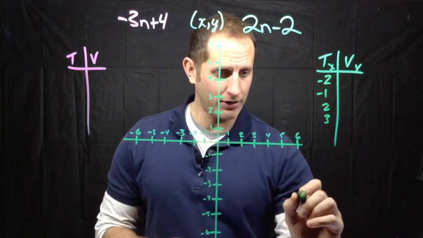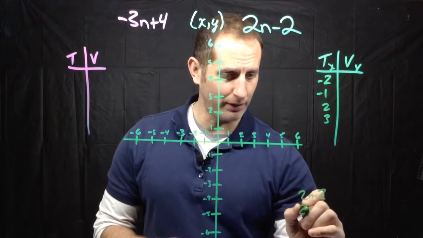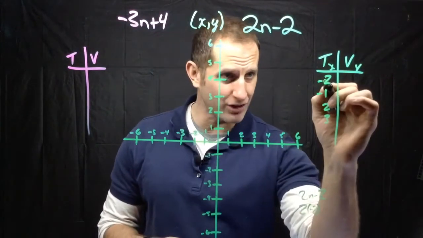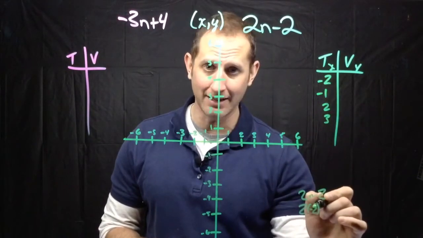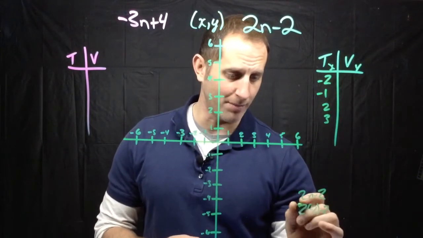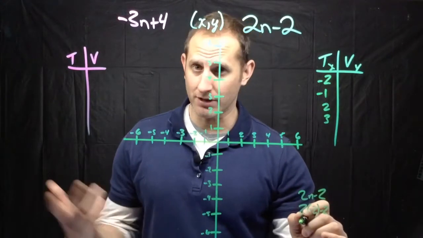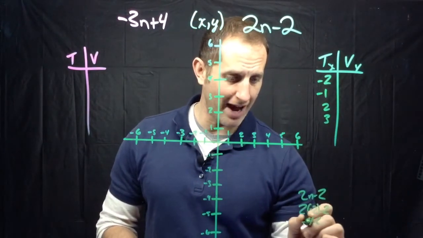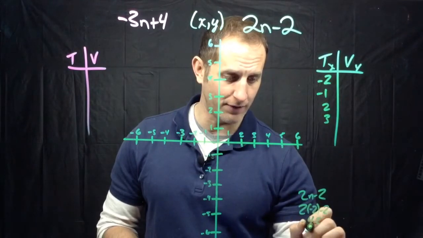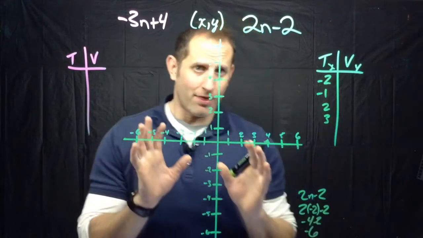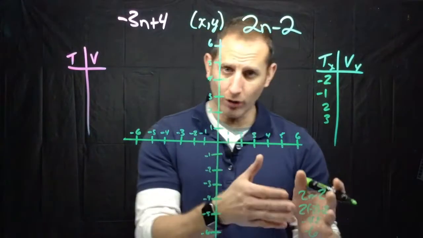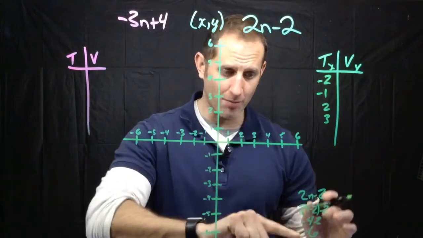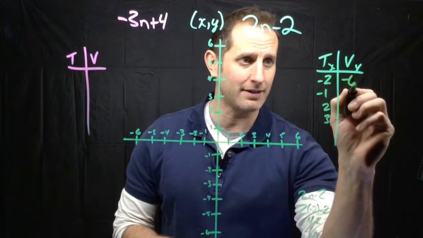I will write 2n minus 2, and then I'll plug in 2 bracket -2 to show this term number being plugged into n, and then I'm going to subtract 2 from it. Well, a positive times a negative is always a negative, so that's going to be -4 minus 2, and -4 minus 2 gives me -6. That is how you're solving for the value. So the term number -2 has a value of -6.